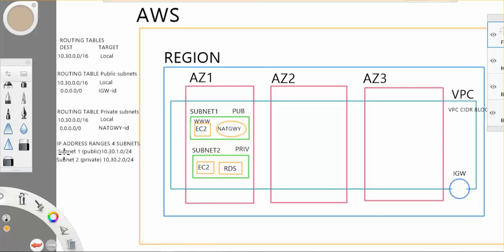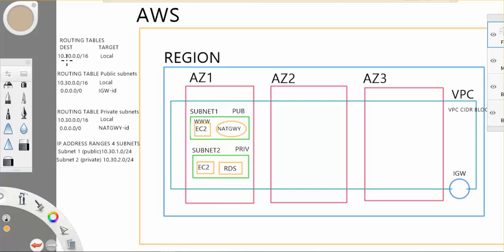So in this case, what we have for the IP address ranges for the subnets that we have here, as you can see, remember the 10.30 we cannot modify. It's part of the CIDR block, the fixed part of the CIDR block.